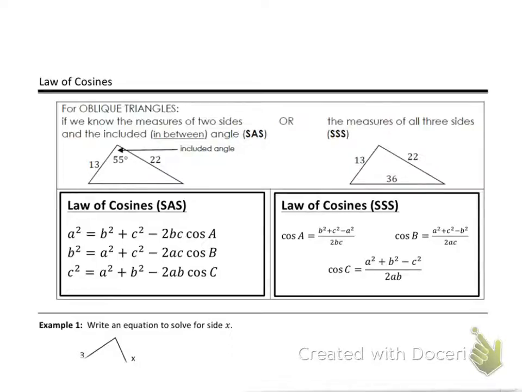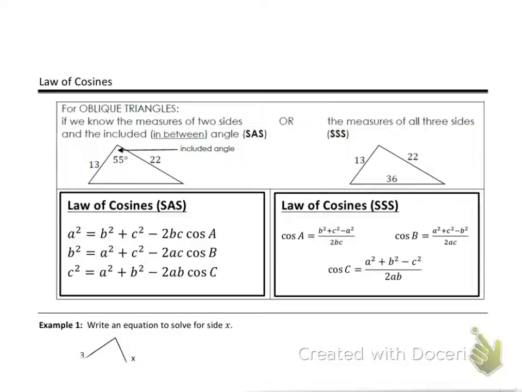And these guys, it's kind of the same thing, they follow this pattern that it's the off sides. So if I'm looking for cosine of A, we're going to use side B squared plus side C squared minus A squared all over 2BC. So there's a nice pattern there. It's just you kind of have to remember the look of it.